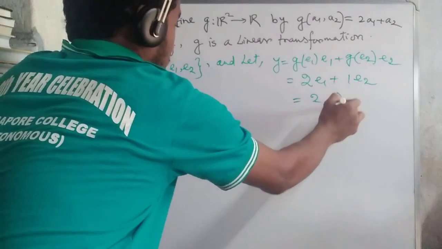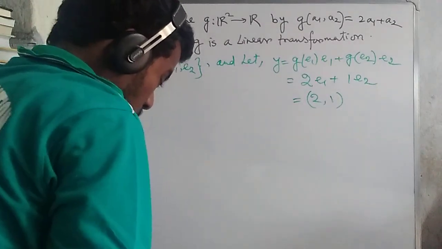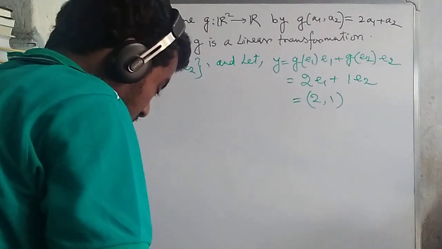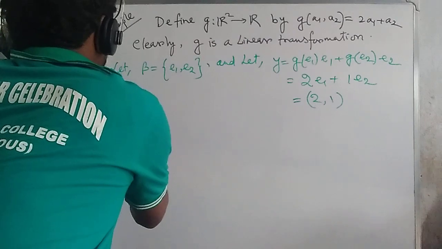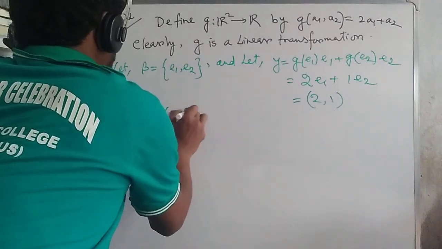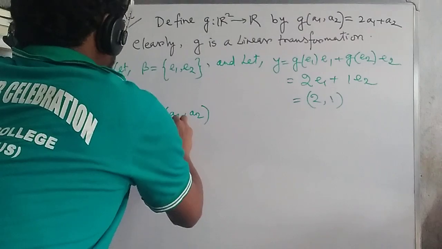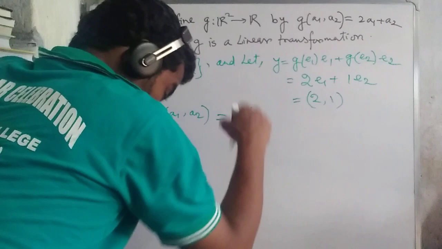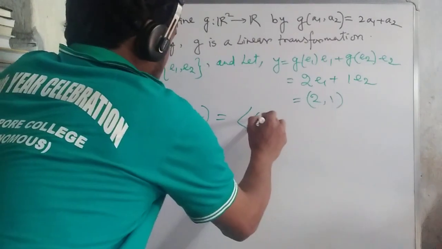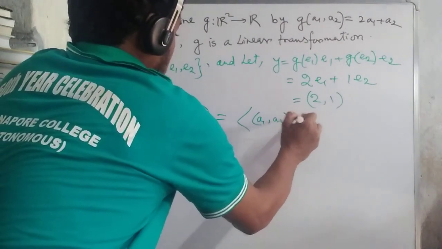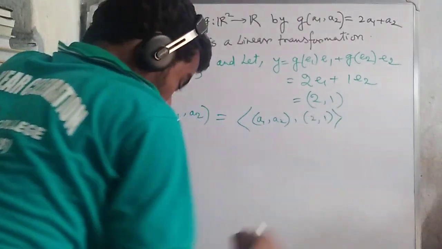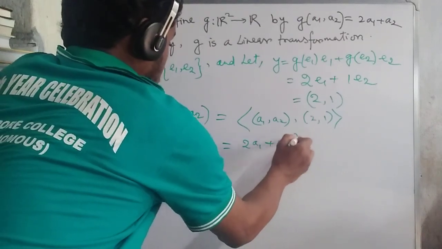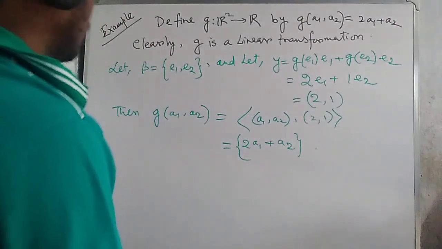That means (2, 1). So y equal to (2, 1). Then g(a1, a2) equal to (a1, a2) dot (2, 1), that is 2a1 plus a2. Understood?